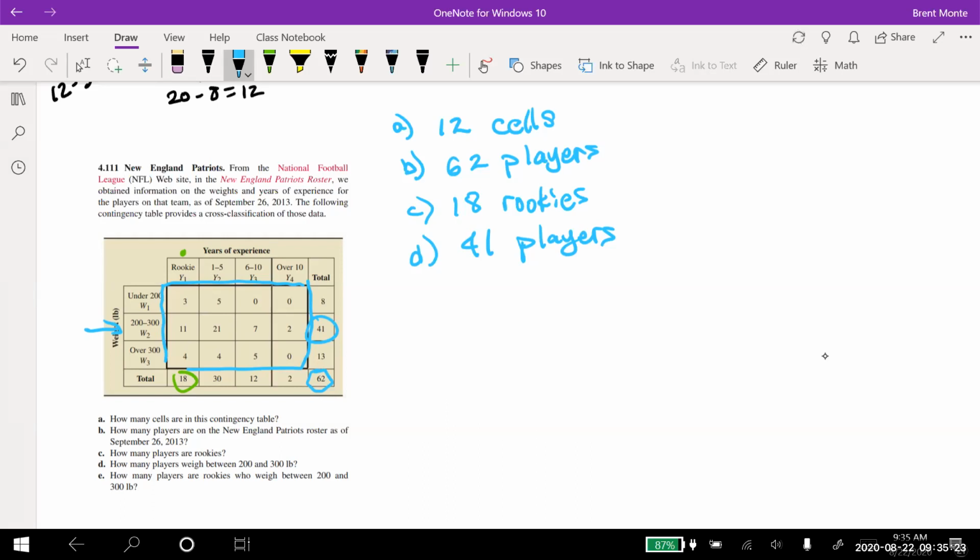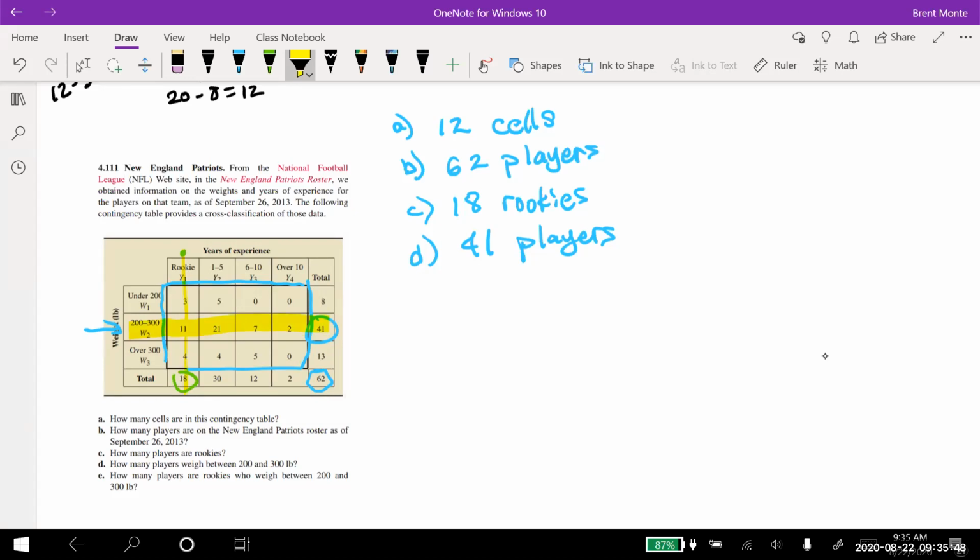How many players are rookies who weigh between 200 and 300 pounds? Well, let's think about how we have to do this one. Let me get out this yellow highlighter. First of all, we know they're rookies, so we know they have to be in that column. And they weigh between 200 and 300 pounds, so they also have to be in this row.